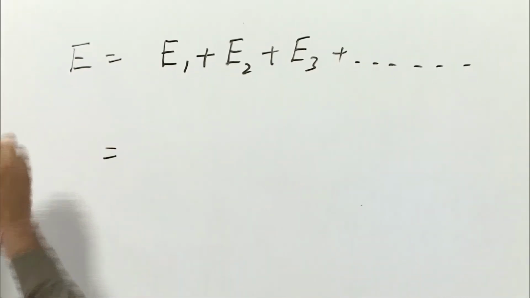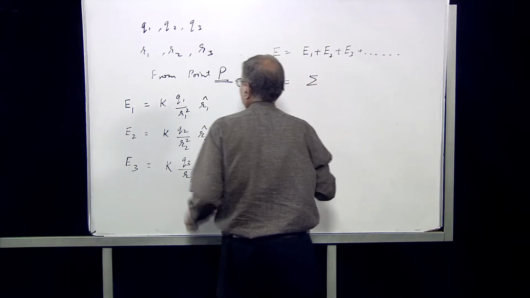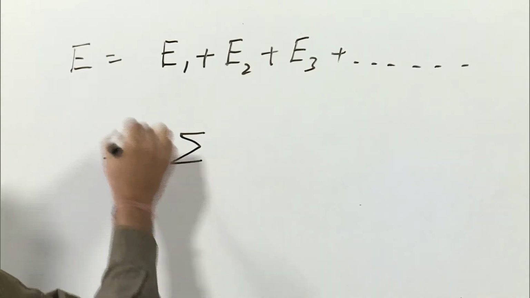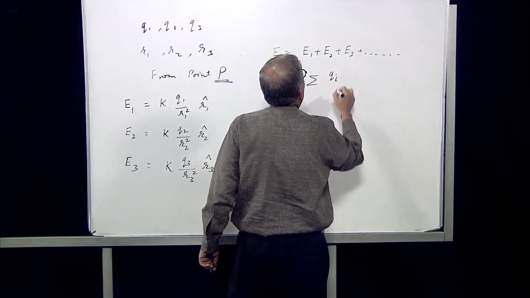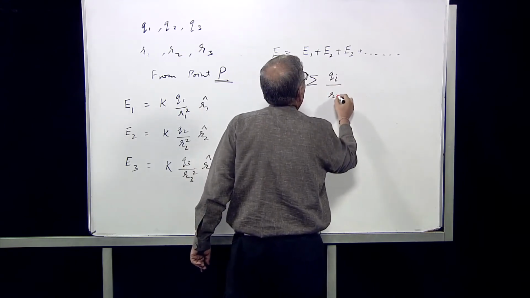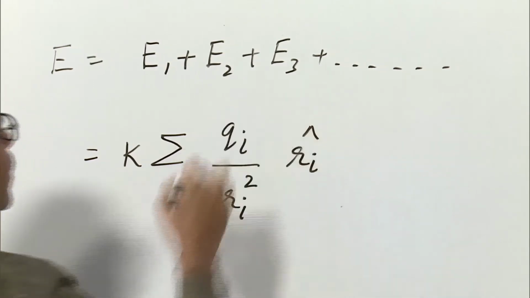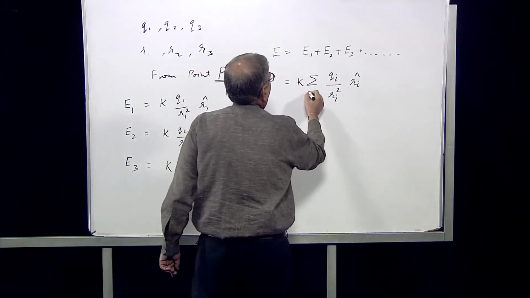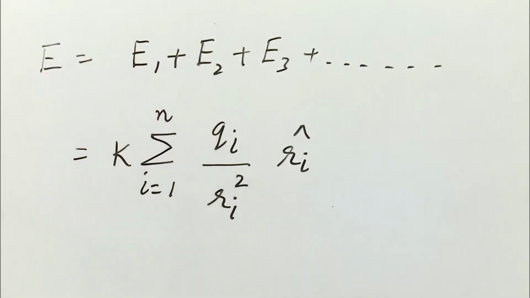We can write it using summation: sigma, with K outside the summation, then Qi upon ri square ri cap. The summation is from i equal to 1 to n. Here ri cap is the unit vector directed from the ith charge to the point P.